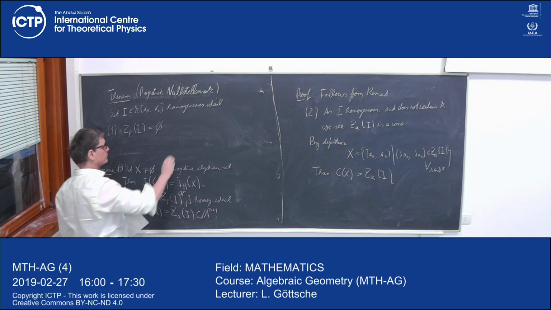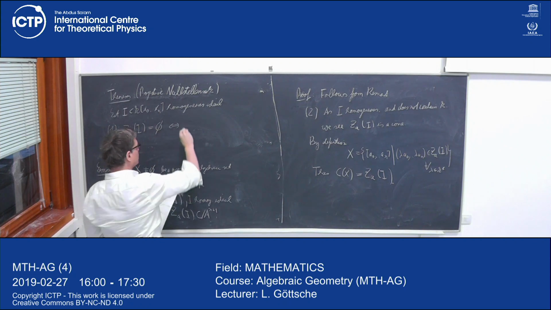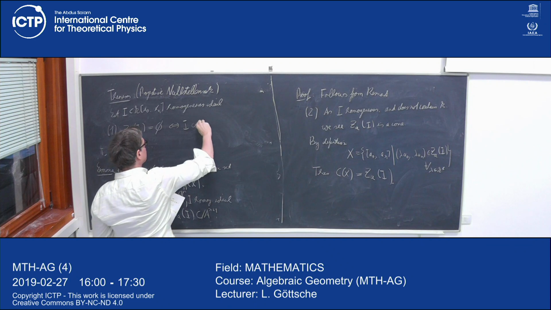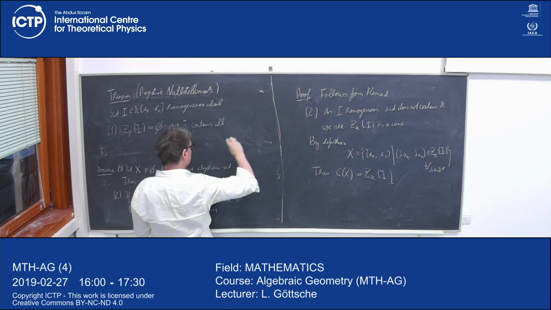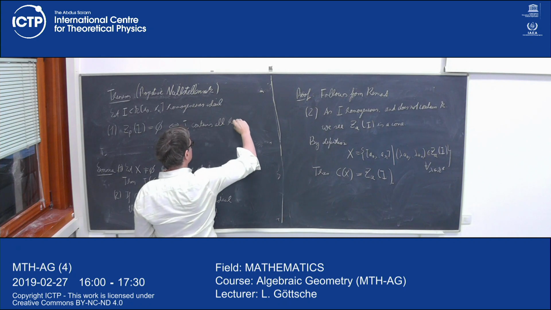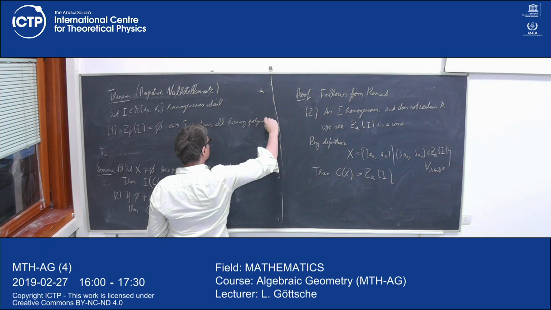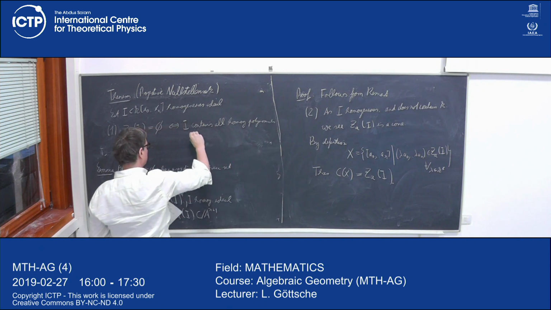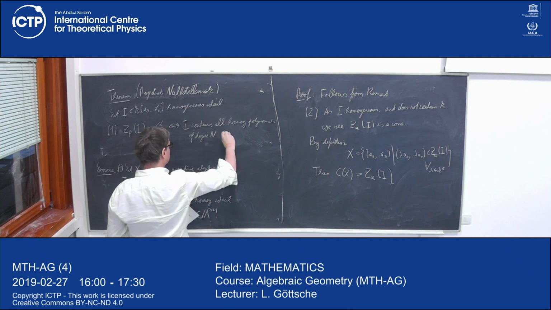We get the weaker statement. This is empty if and only if I contains all homogeneous polynomials of degree n for some n.